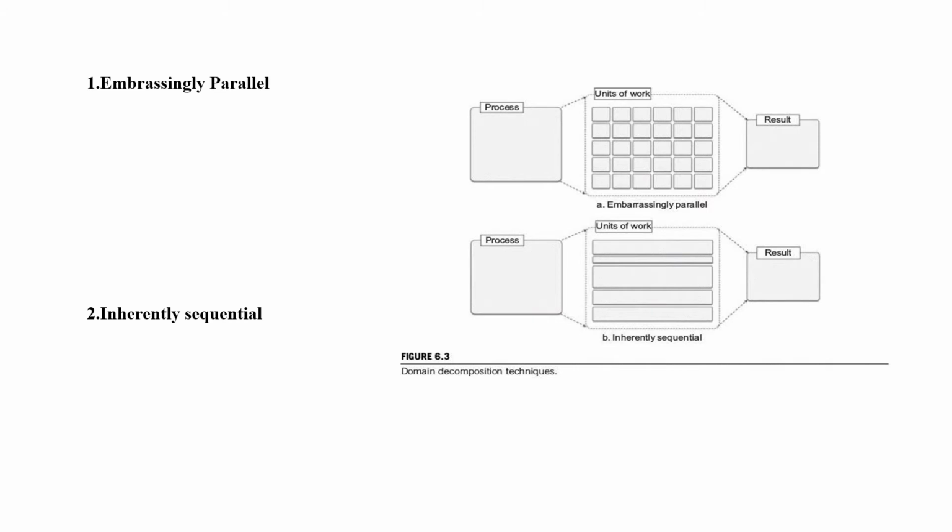Whereas in case of inherently sequential, the process is divided into units of work, but they are not identical in nature. So that means they are all interdependent. The data are interdependent, as a result of which they are calling it an inherently sequential type of decomposition.